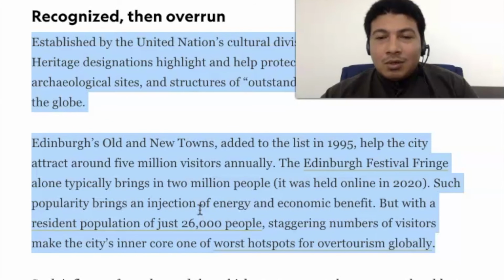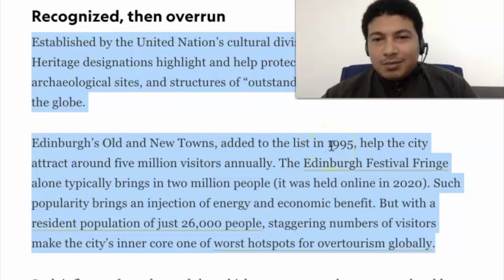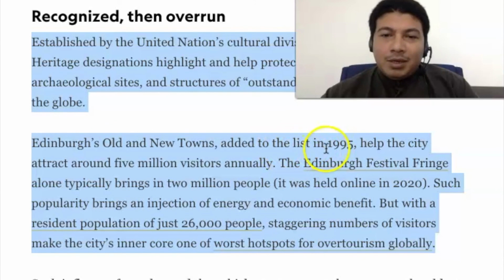And then statistics were also given. For example, in 1995. So this is a statistic in which you can check whether it is correct or incorrect. And then there is another statistic: 5 million visitors annually, every year. And the statistic here could also be historical data, because it happened in 1995.